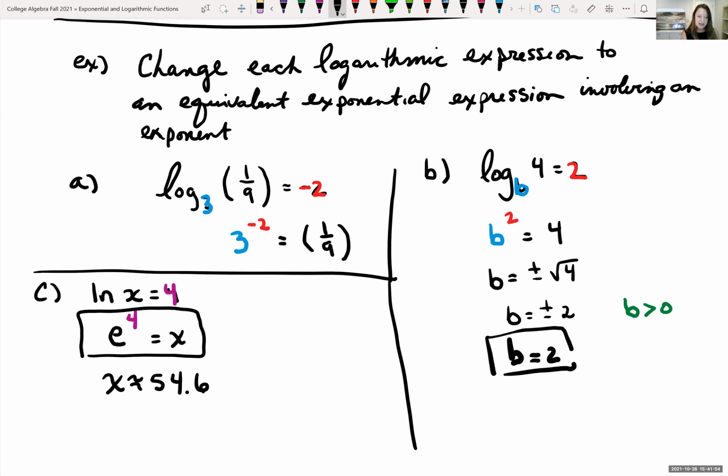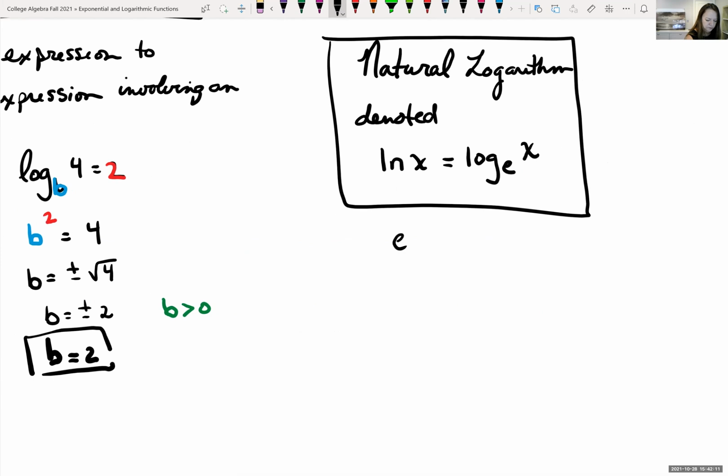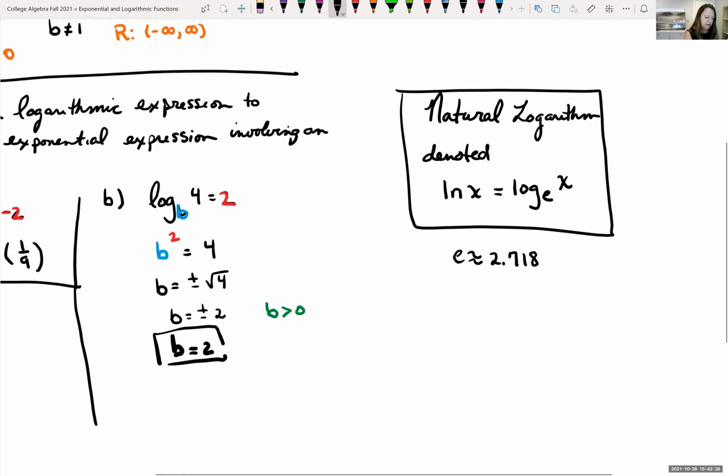So e, just like pi, is an irrational number. e is a number that represents approximately 2.718. But irrational numbers, recall, your decimal goes on forever and it never repeats itself.